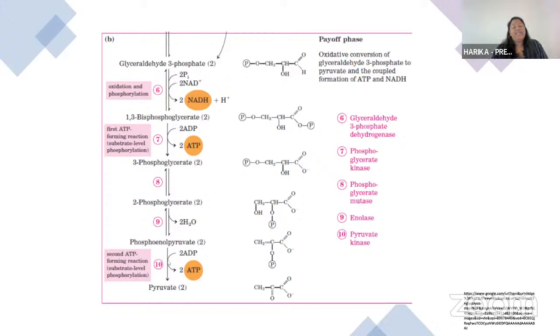And finally, phosphoenolpyruvate to pyruvate is formed in presence of pyruvate kinase, and here our second ATP is being formed. So overall, in glycolysis, 4 ATP molecules are being formed ultimately.